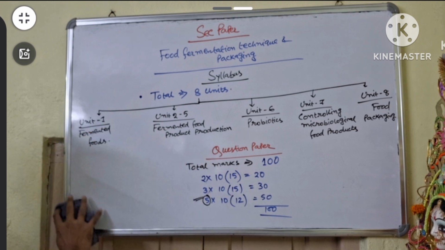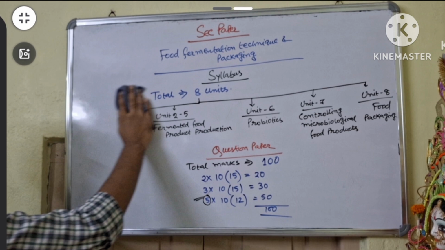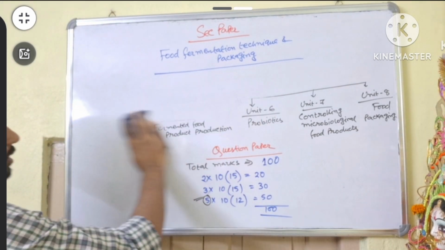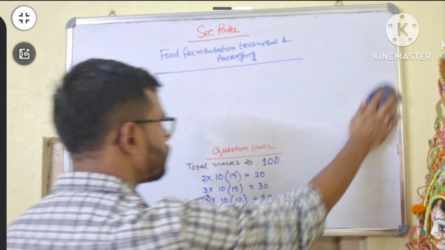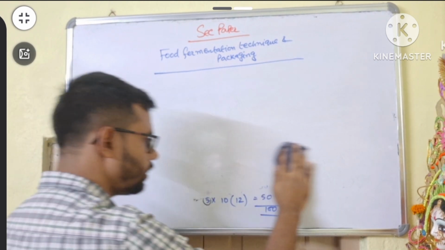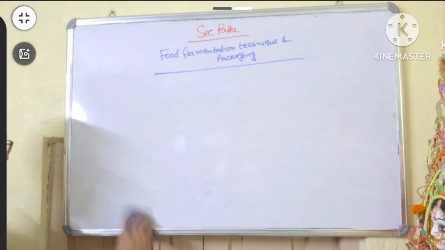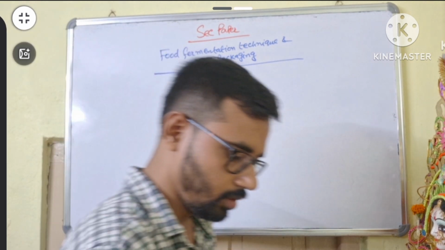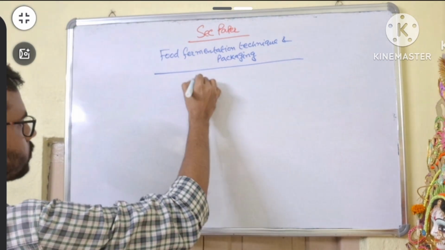So that's all about the syllabus and question paper. Now let's come to the book suggestion. As we said earlier, it is a part of food microbiology, not the complete food microbiology. So there is no specific book for this paper.